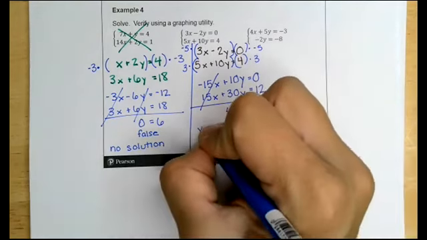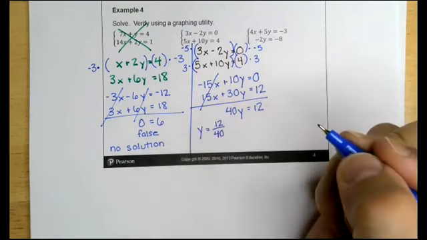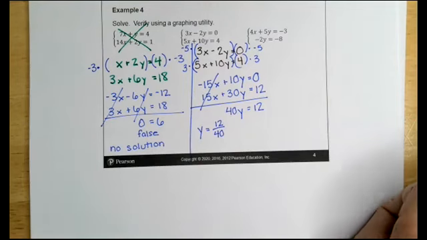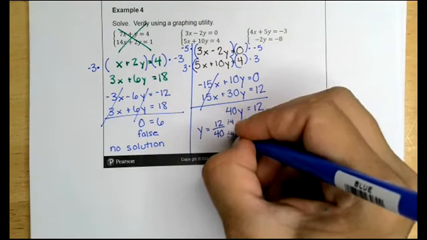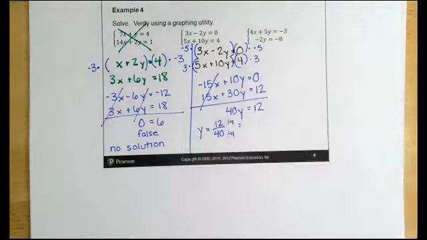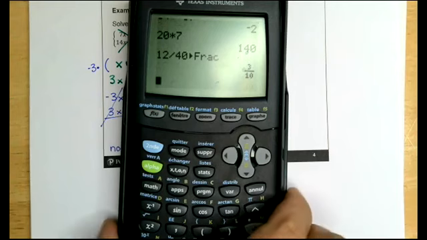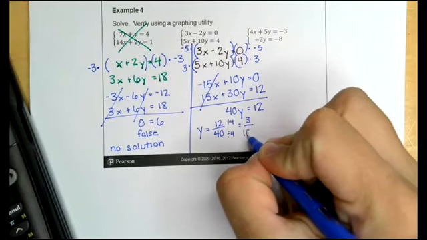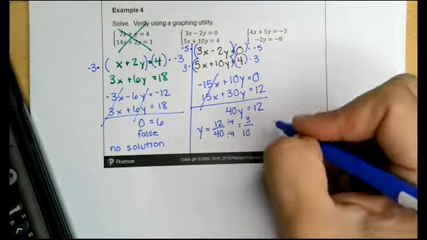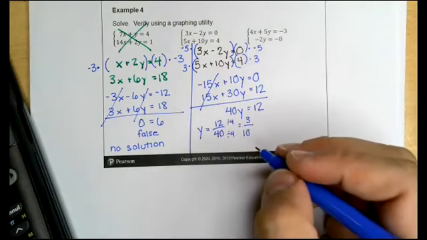So that means y is 12 over 40, we can divide both 12 and 40 by 4 to reduce it, just simplify it, or you can put it into your calculator. 12 divided by 40, fraction, 3/10, because 12 divided by 4 is 3, and 40 divided by 4 is 10, 3/10. So I know y is 3/10, and then I need to put that back up into one of the equations.